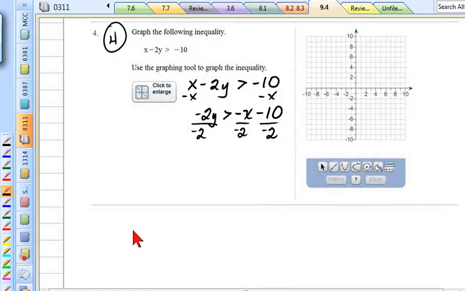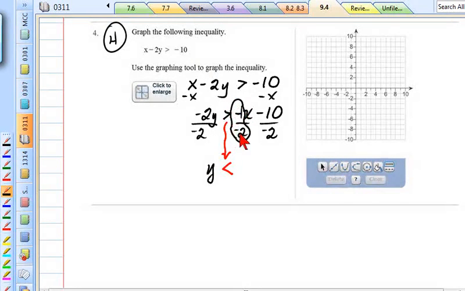All right. Does anybody happen to remember what happens to an inequality when you divide both sides by a negative? It reverses the inequality symbol. So this symbol reverses whatever it was, it flips over. So I'm going to have y is now less than, all right, the coefficient of x.